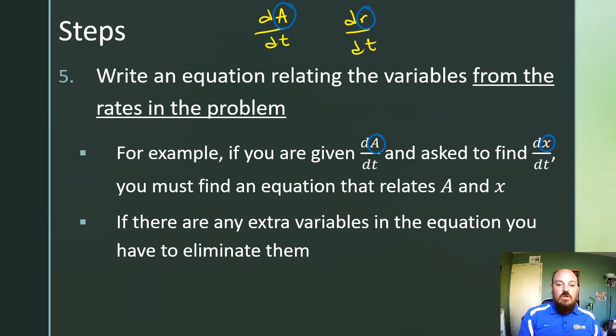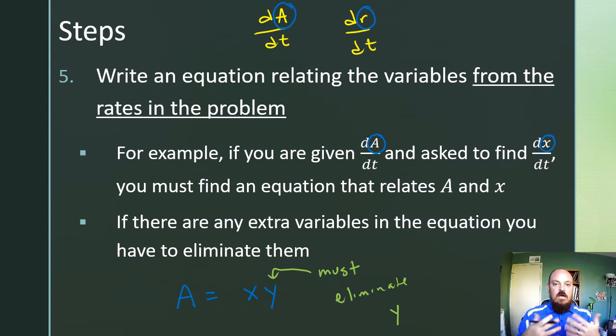So let's say in this problem, I have area equals, and then I have a function that has both x's and y's in it. So I go, okay, well, I got my equation that relates A and x, but I have this extra variable, this extra y here. Before you can do the problem, you must find a way to eliminate y. You have to have A and x only, or if you look at the yellow ones up on top, you have to have an equation that has A and r only, nothing else.